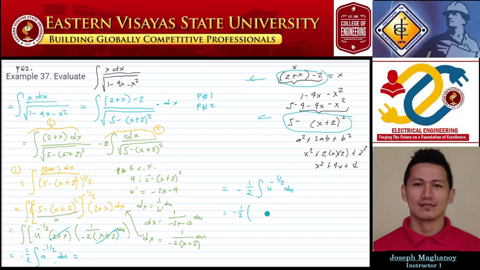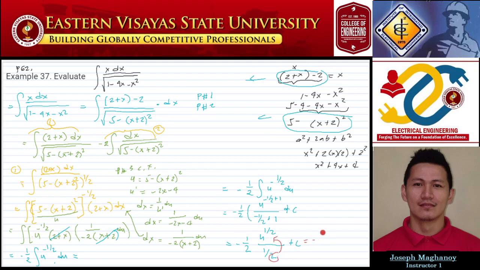So negative 1/2 quantity, our power formula: u to the negative 1/2 plus 1 all over negative 1/2 plus 1, plus C. That will become 1/2, u to the 1/2 plus C. So we carry the 2 going up.